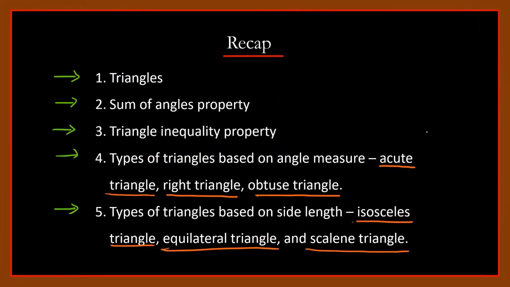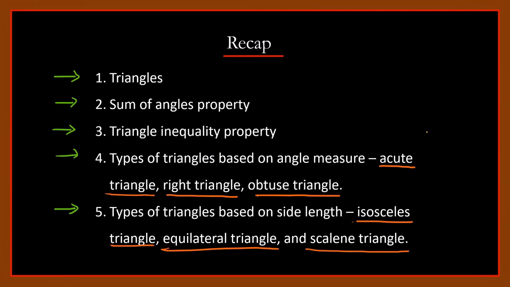So now we recap everything that you learned in this lesson. You learned about triangles, the sum of angles property, and the triangle inequality property, which is the sum of lengths of any two sides of a triangle is always greater than the third side.